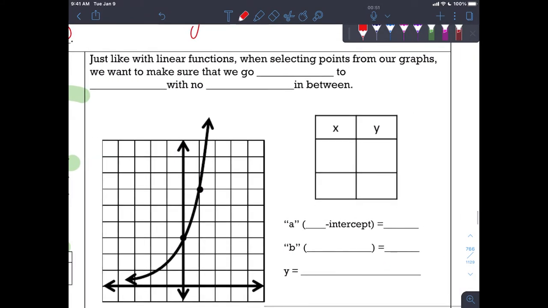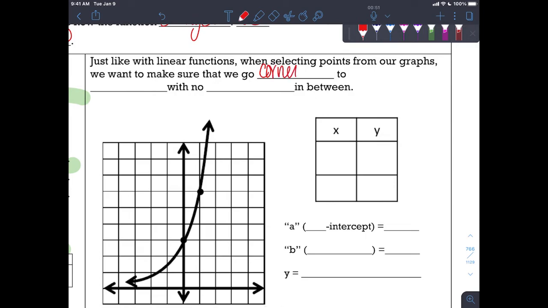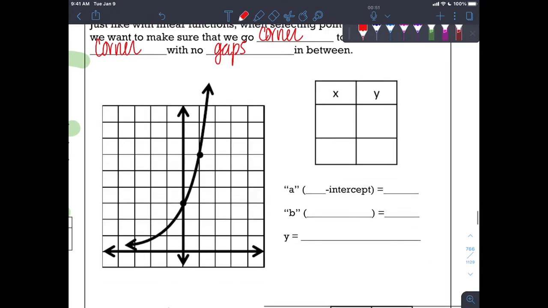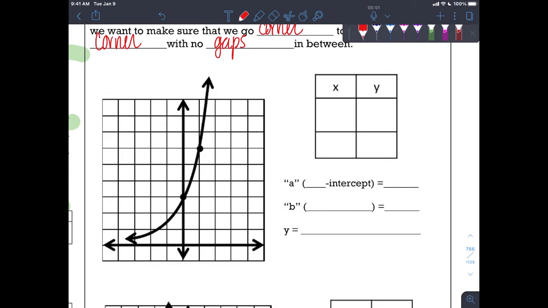So just like with linear functions, when selecting points from our graphs, we want to make sure we go corner to corner with no gaps in between, okay? So, easiest way to look at this. First of all, I'm going to look for my y-axis. I'm going to look to see where it touches.